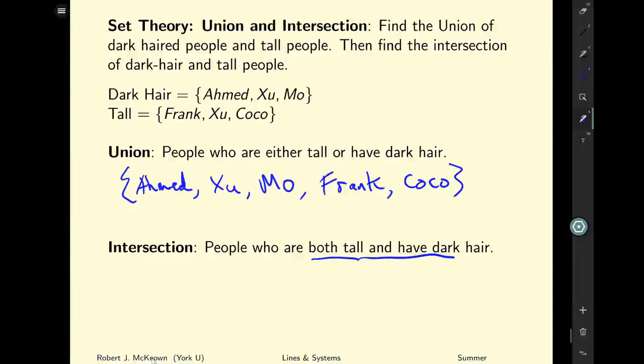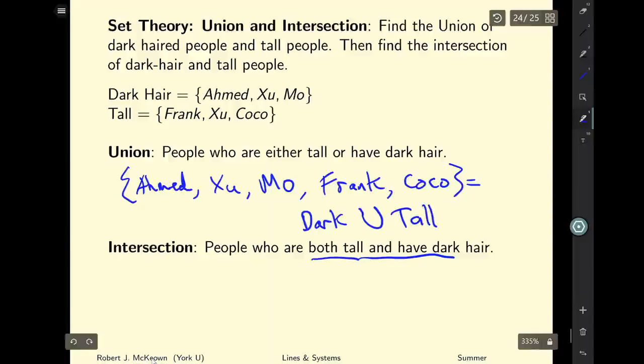And I guess I could say about the union is that we'd say that this thing up here is equal to dark ∪ tall. Right, the union of dark-haired and tall people is equal to this set with 5 names in it.